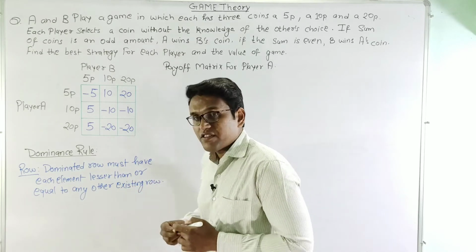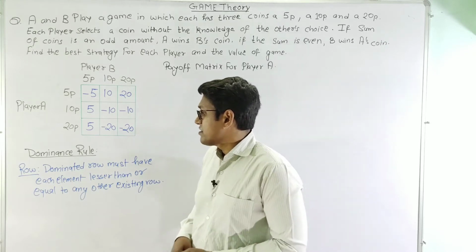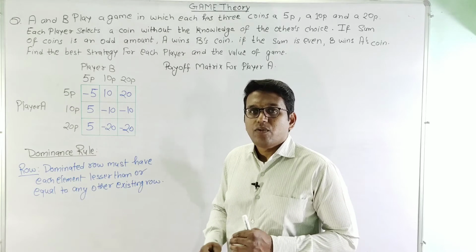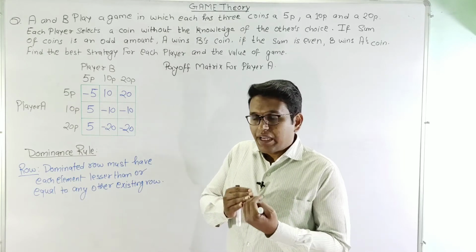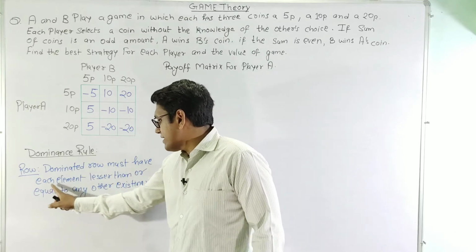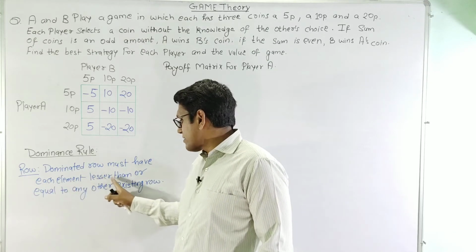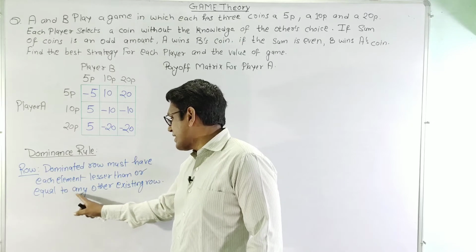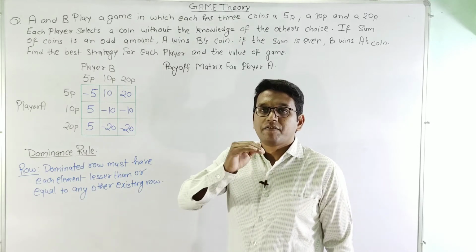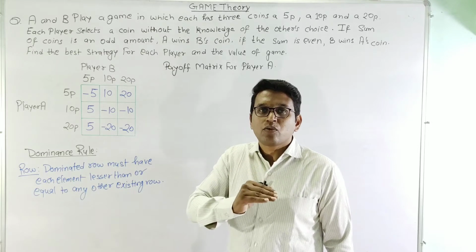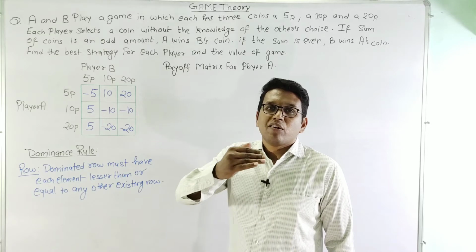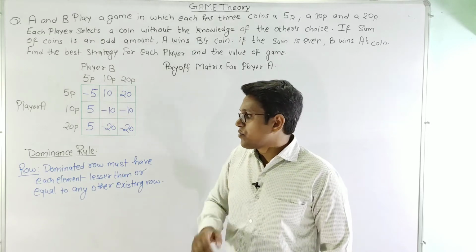So if we consider the strategies for player A, the dominated row, that means the row which has to be eliminated, must have each element of the row lesser than or equal to any other existing row. Then each element of the dominated row has to be less than or equal to the element of the other existing rows.